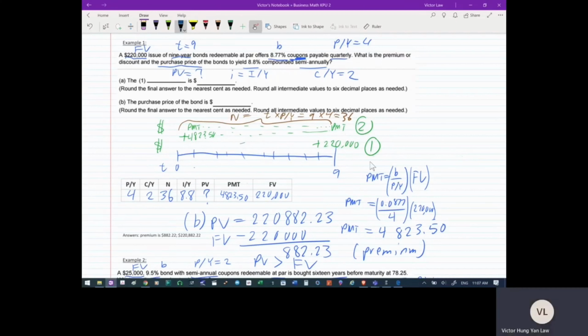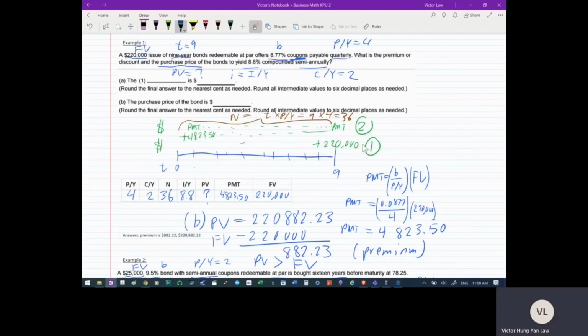And how you can understand these 2 cash flows is that when you buy the bond today, that's what we're solving for. We're solving for the present value, how much we're paying today for the bond. So when you're buying the bond today, what that means is that you're lending money to the company. And in return, the company will promise to pay you back at the end of 9 years the $220,000 that you lend them.